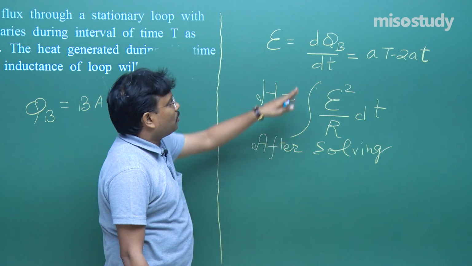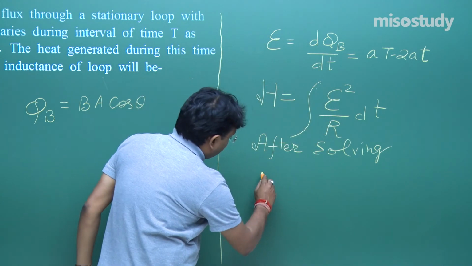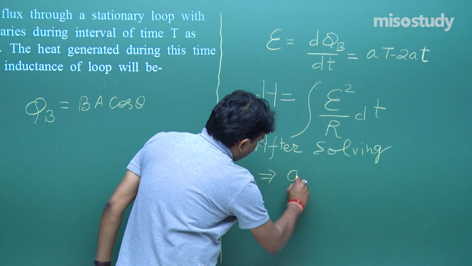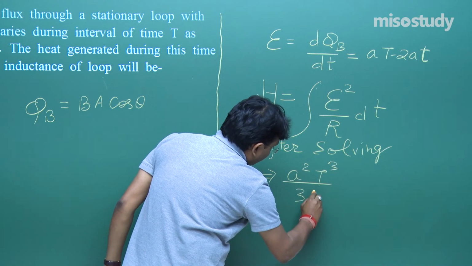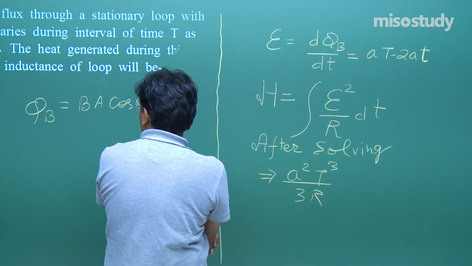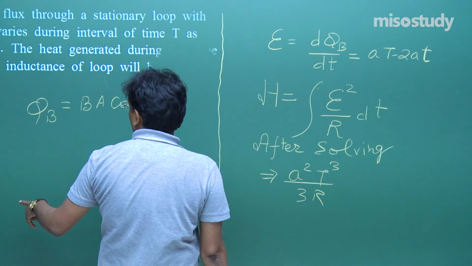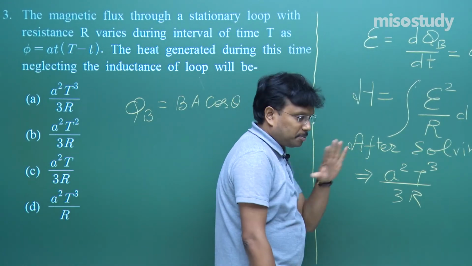First differentiation is involved, then integration. So the answer is going to be a square t cube upon 3r. If you take a look at this expression, you can easily say that a square t cube upon 3r is the correct option.